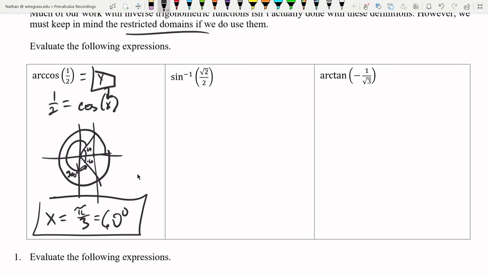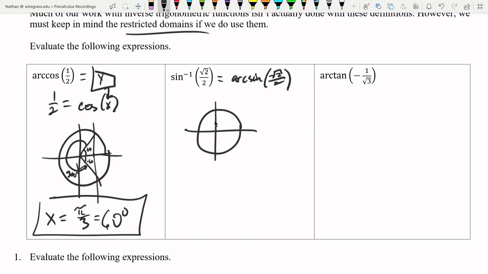Now sine inverse of root 2 over 2, this is the same thing as arc sine of root 2 over 2. Looking at the unit circle, arc sine works in the negative pi over 2 to pi over 2. That's going to be this range right here, quadrants 1 and 4. But just looking at the unit circle, we look at root 2 over 2 for the y value, right?